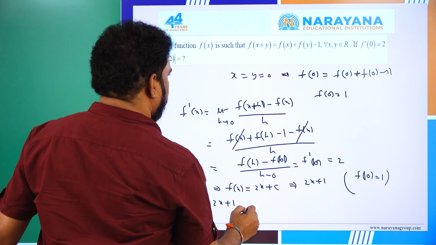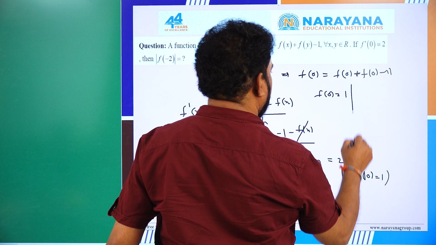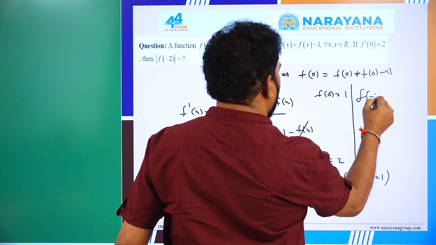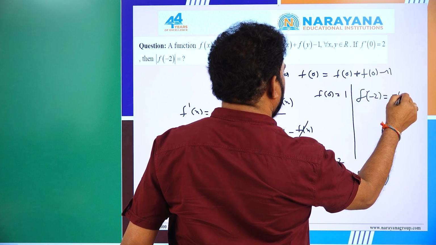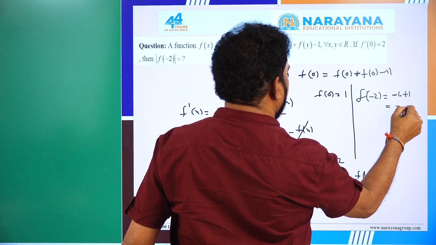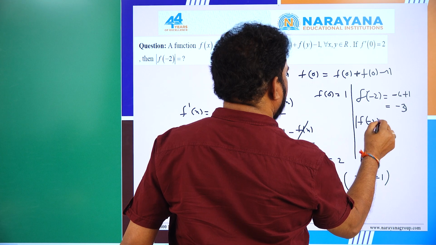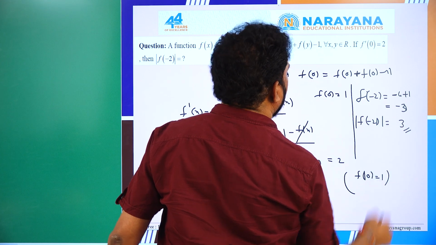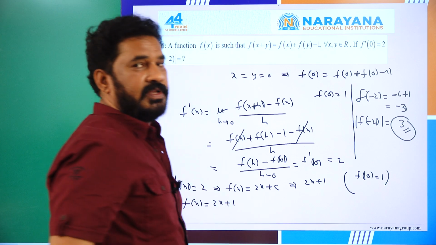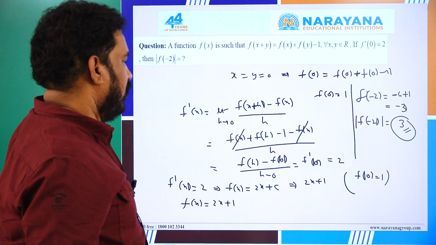Then f of minus 2 is equal to minus 4 plus 1, which is minus 3. So mod of f of minus 2 is equal to 3. So the answer is 3 for this question. Okay, simple question only.